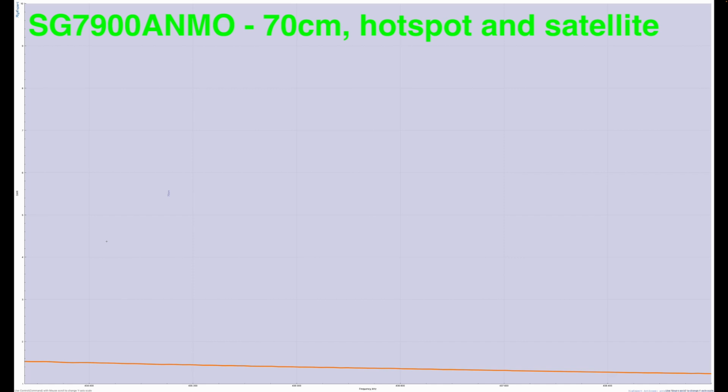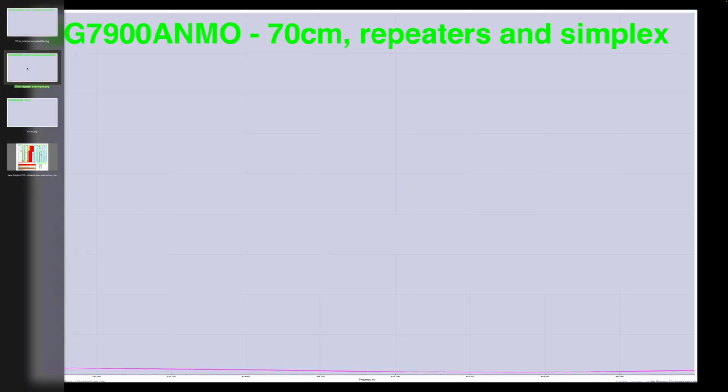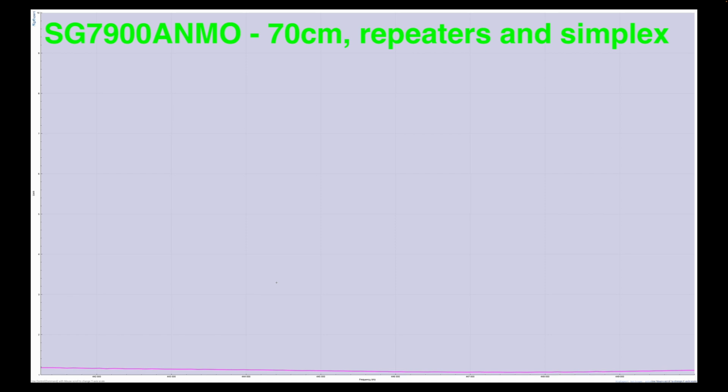So it might not be perfect, it might not be perfectly efficient. It's certainly not going to damage your radio at low power, so I am absolutely fine with this performance. And looking at the repeater and simplex subband, the performance is just spectacular. And this is where I do most of my operation.